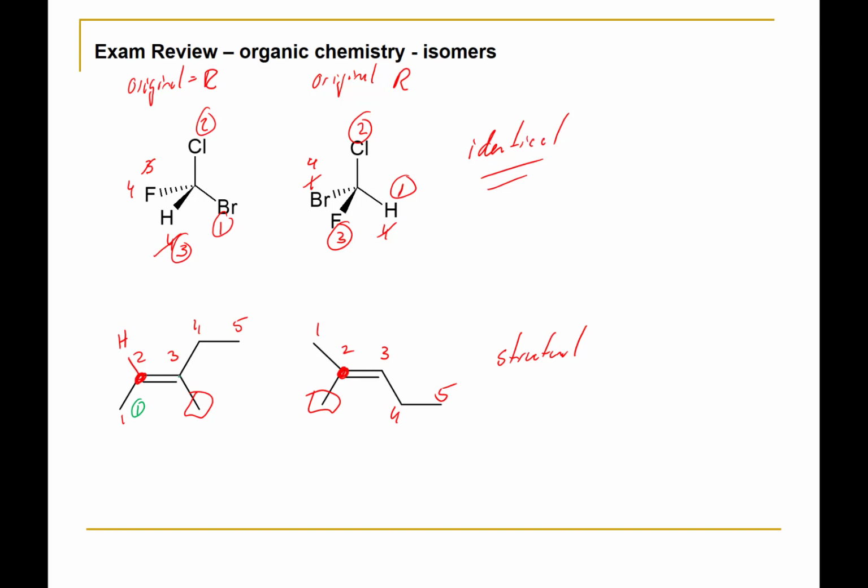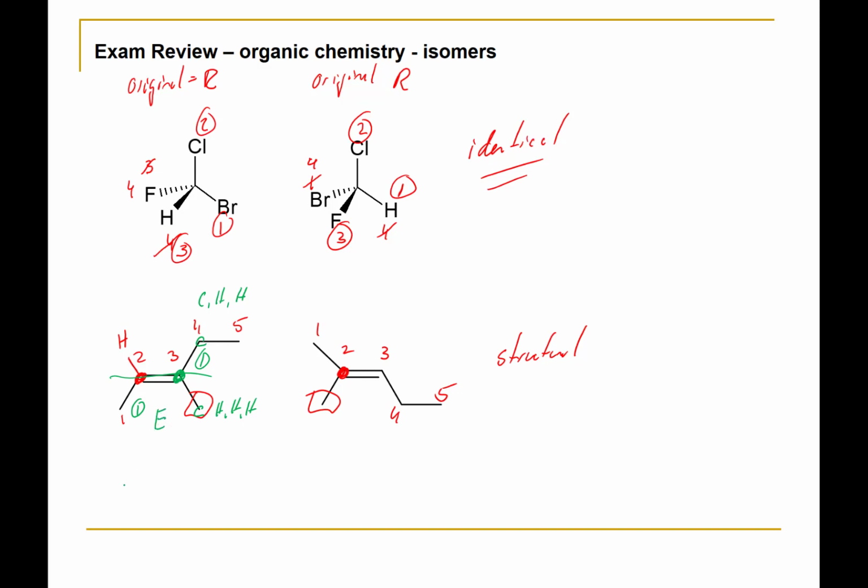And now I'm going to look at carbon number 3, and I'm comparing a CH3 group to a CH2CH3 group. And so the higher priority is the one that's further up. And once again, just to highlight this idea, I've got a carbon and a carbon. Now the bottom carbon is attached to 3 hydrogens, whereas the top carbon is attached to a carbon and 2 hydrogens. So of course carbon number 4 has a higher priority. So the 2 higher priorities are on opposite sides of the double bond, therefore this is an E structure.